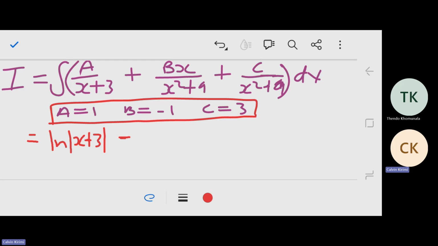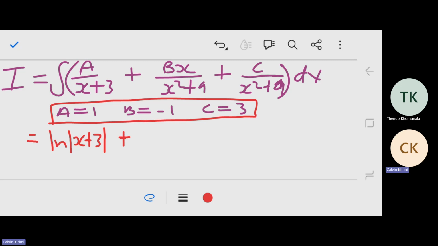Remember, when you differentiate the term, what is it that we are going to get? It will be the ln of x squared plus 9. But for this case, remember the 2. When you differentiate the denominator, we are going to get a 2x. But in our case, we don't want the 2x, we want only x.